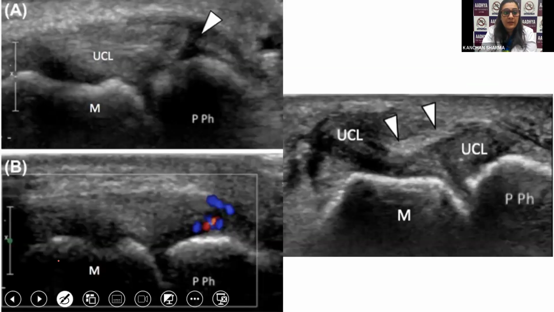I will show you some of the USG pictures so that you know what exactly we are talking about. As you can see, this is our ultrasound. There is one portion of it and there is a gap. You put the color Doppler on this side. But if you see the aponeurosis of the adductor pollicis, it is still intact.